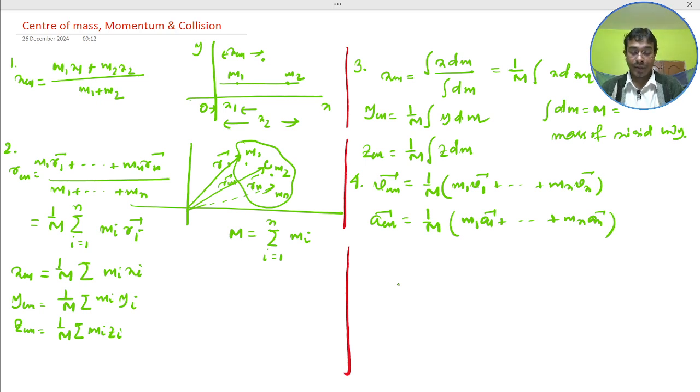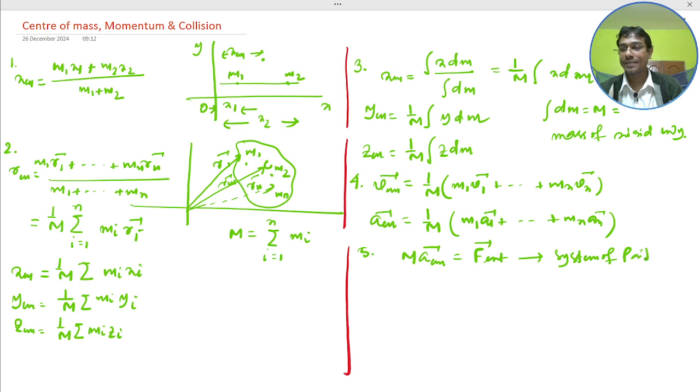Basically here Newton's law is written in this form: M acm is equal to F external, where F external is the vector sum of all the forces acting on the particles. This is Newton's law for a system of particles.